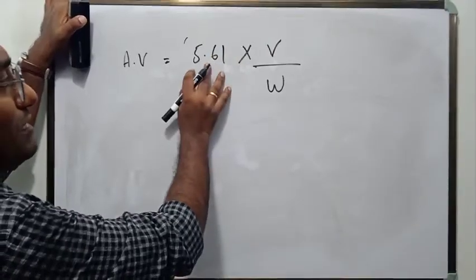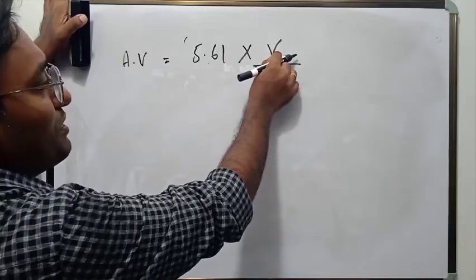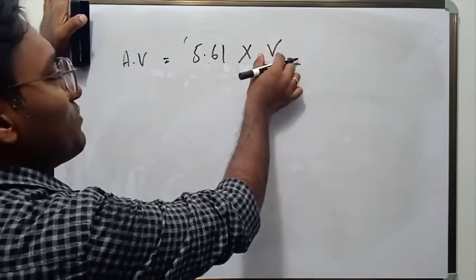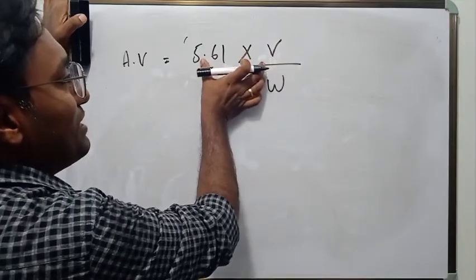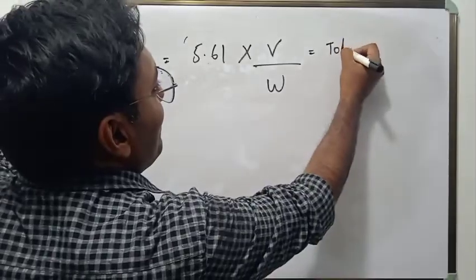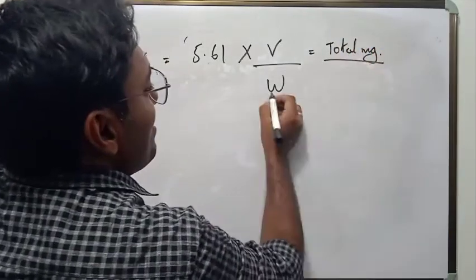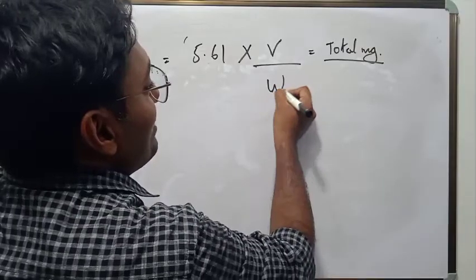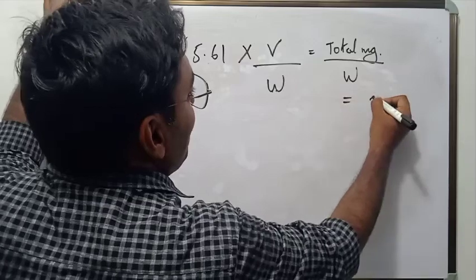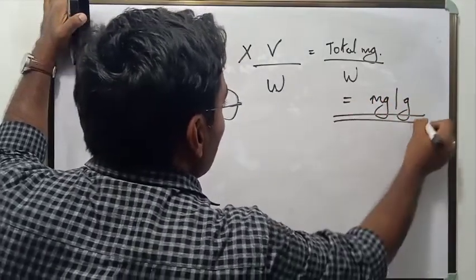And whatever has fallen from my burette today, maybe it is 5 or maybe it is 3, maybe it is 10, whatever has fallen, you multiply it, and you will get what? The total mg of KOH. Divided by the weight of the oil, you will get the answer in mg per gram.